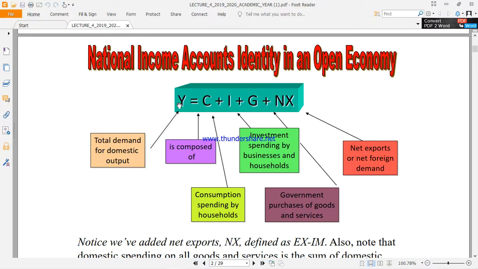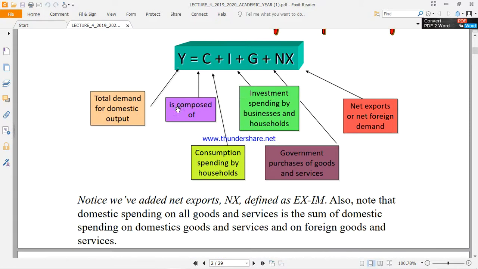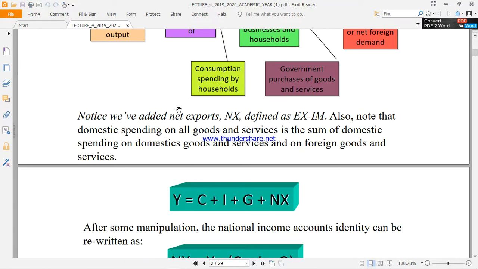So what we export is what they demand, and what we import is what we demand from them. Okay, so that is the skeleton of our discussion this evening.